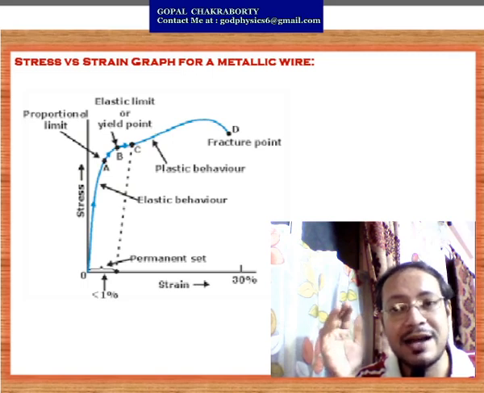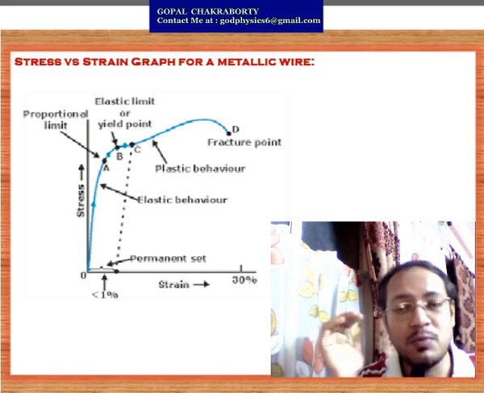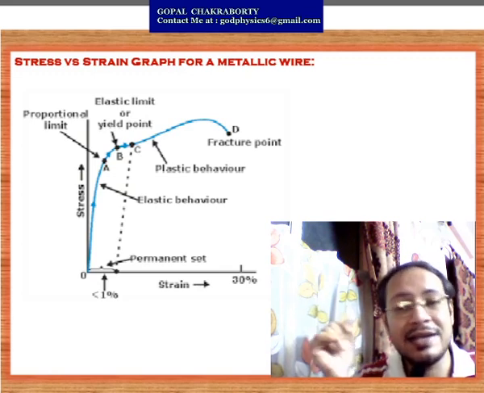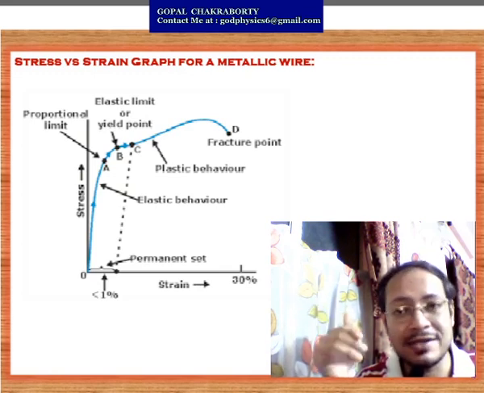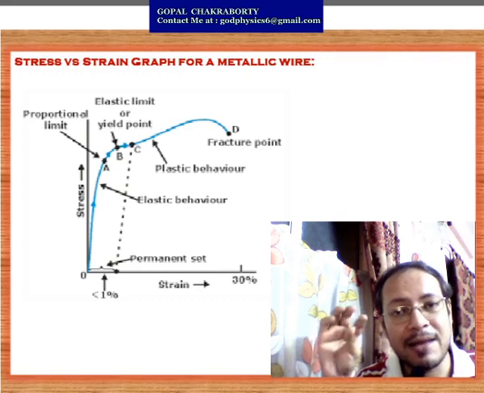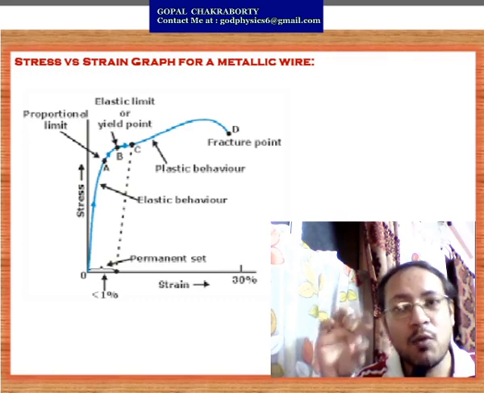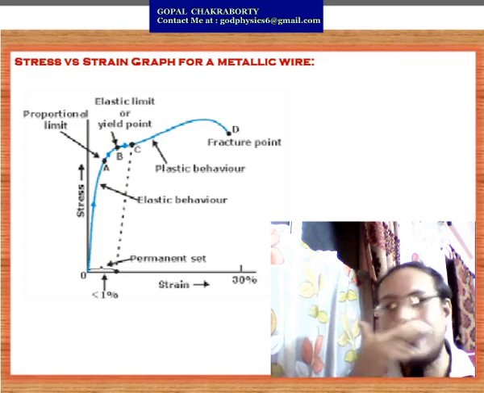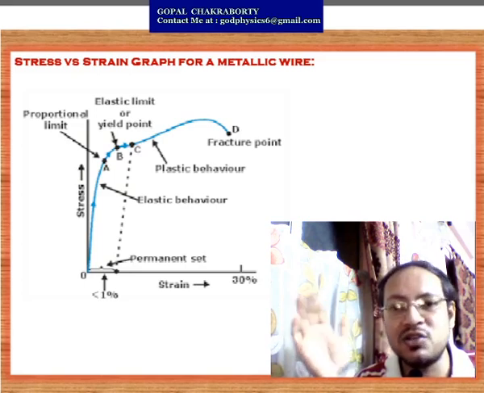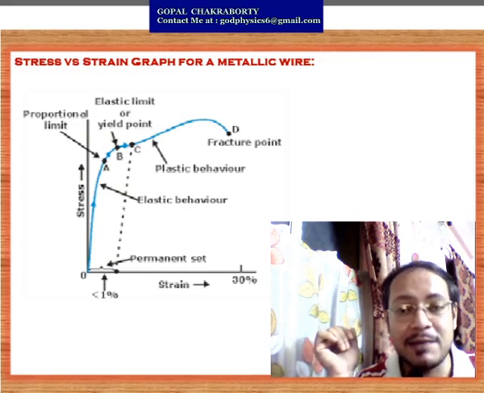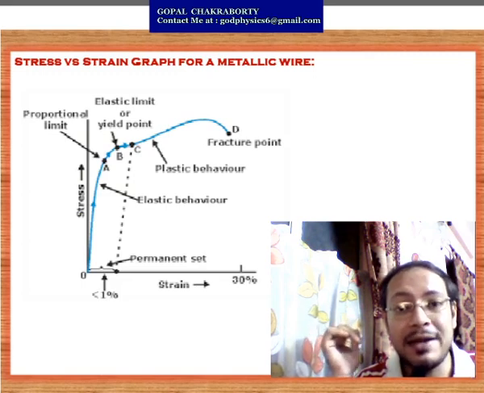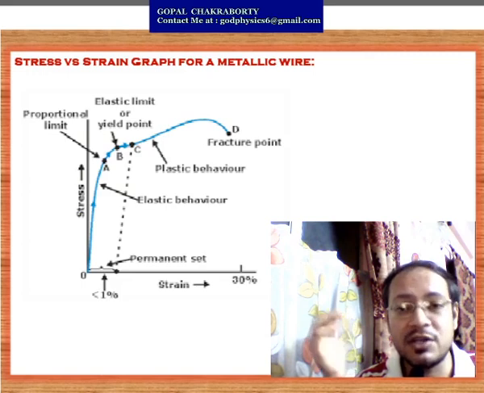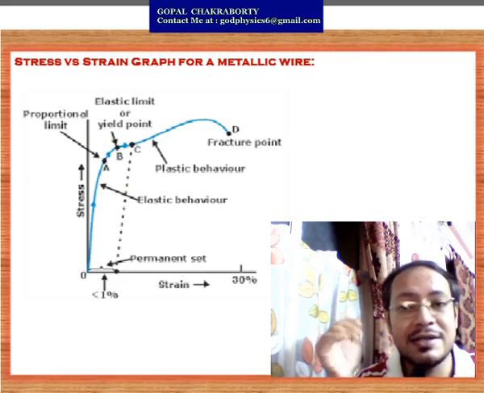So that means if you apply a stress up to point B and withdraw it, the body regains its original size and shape and follows the same path. But if you apply strain more than point B, that means up to point C, it will show plastic behavior. That means there will be a permanent deformation of the body. It is not possible for the body to come back along the same path.